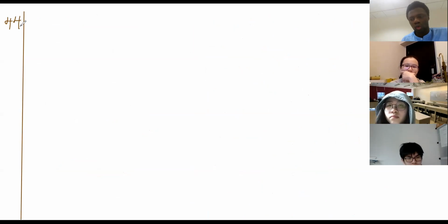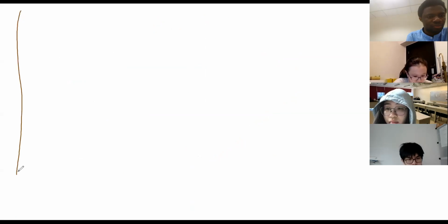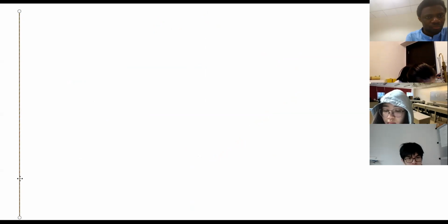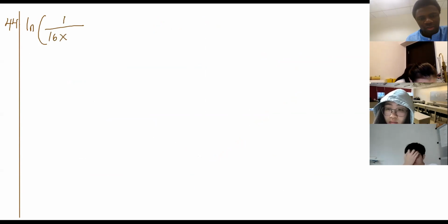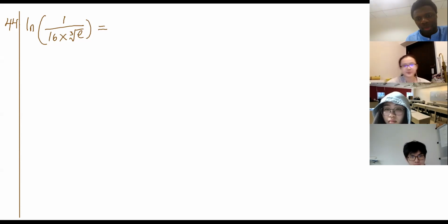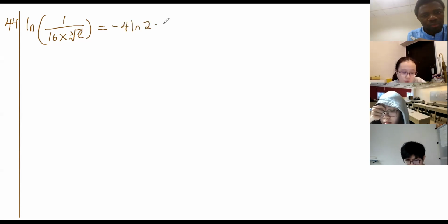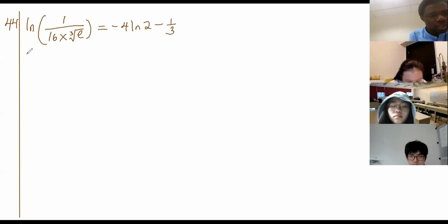So in 44, you want to show that the natural log, that's logarithm to base e, we call it natural logarithm, of open brackets 1/16 times cube root of e is equal to minus 4 ln 2 minus 1/3. So again, we start from left-hand side.